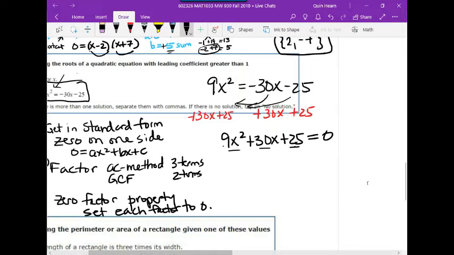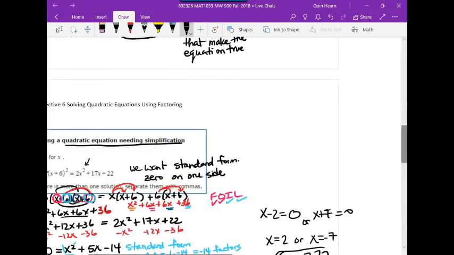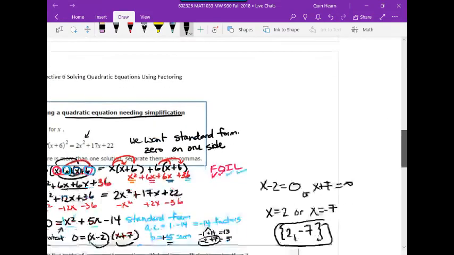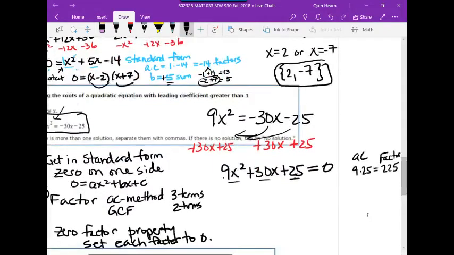So AC is going to be 9 times 25, which, let's see, 8 times 25 would be 200, right? So 9 times 25 is 225. So we're looking for factors of 225 that add up to B. B is 30.